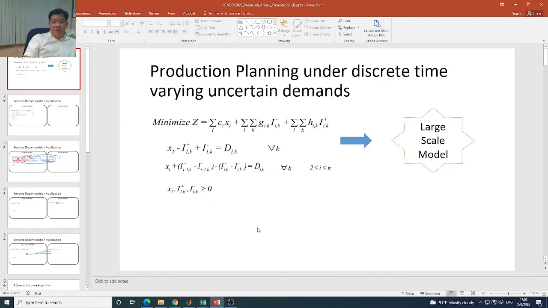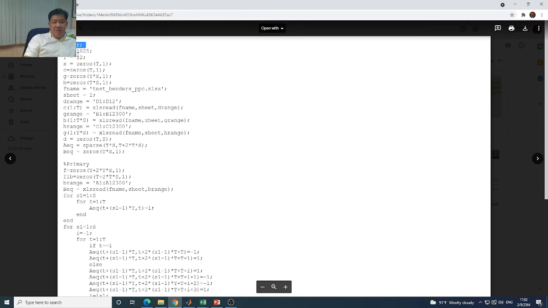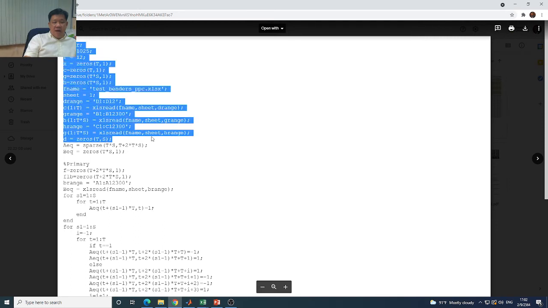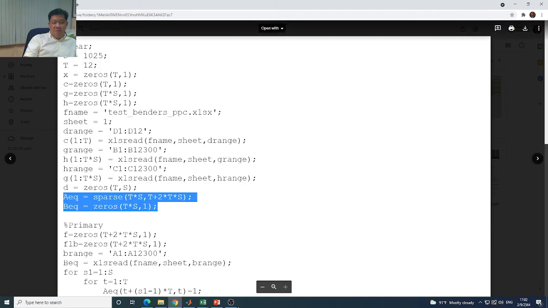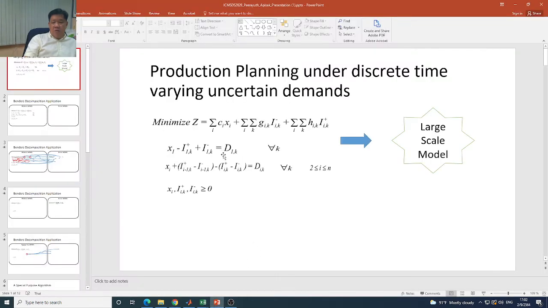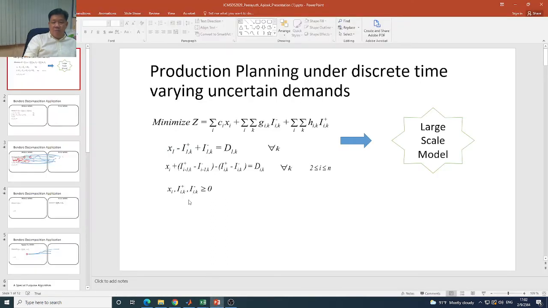So this Matlab code, after we import all the data here, starts to set up AEQ and BEQ here. This is because the original model here is all equations. So this code just tries to set up the problem directly according to this model.